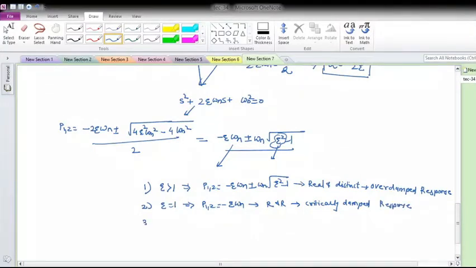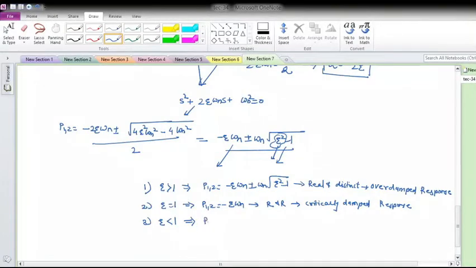Now the third situation is zeta less than 1. This is very important. If zeta is less than 1, the roots will become imaginary, which means I'll get a pair of complex conjugates.